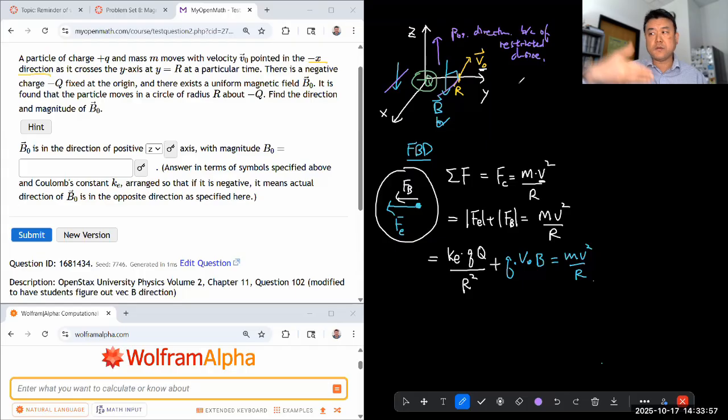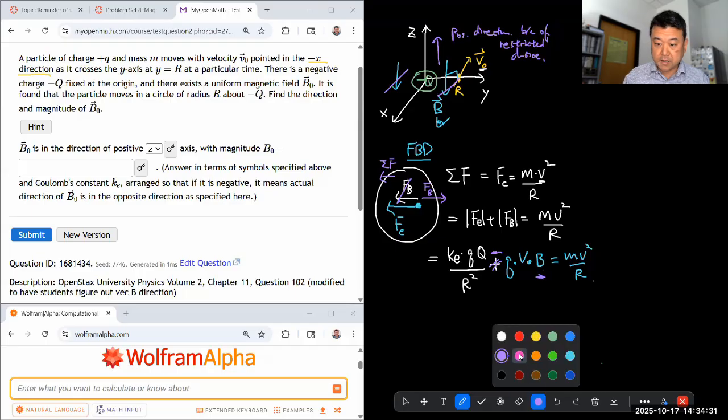And that means with V cross B, my magnetic force will actually be rightward, but my net force should still point in the leftward direction in order to get centripetal acceleration. If net force is to the right, then you don't get circular motion. So all this is fine, but here this should now be a minus sign to match with the different direction of magnetic force. Okay, I think I'm ready to solve for the magnetic field.